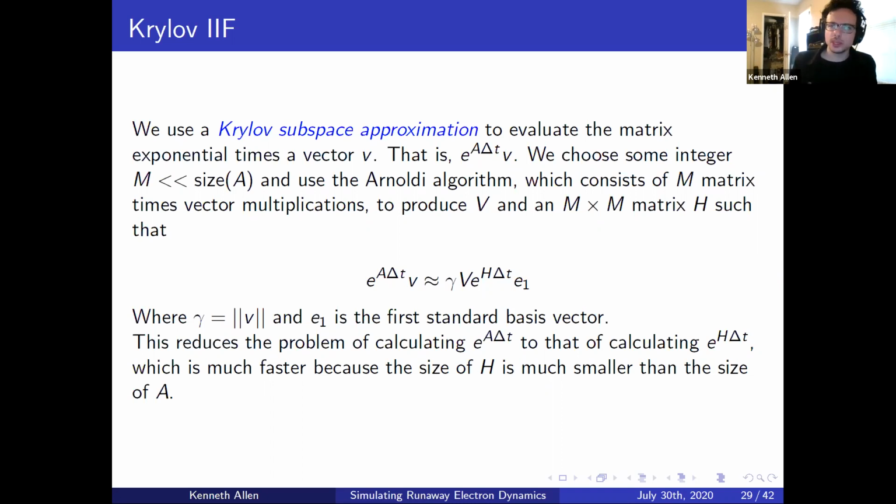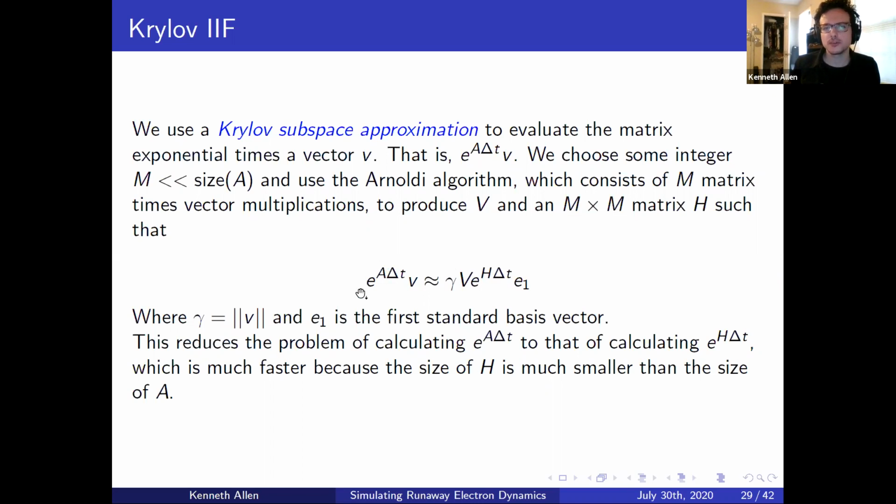What we're left with is an approximation of this matrix exponential times a vector, which we can compute with m matrix times vector multiplications. Then we need to additionally compute the matrix exponential of an m by m matrix. But the hope is that we can choose m to be small, much smaller than the size of this original matrix.